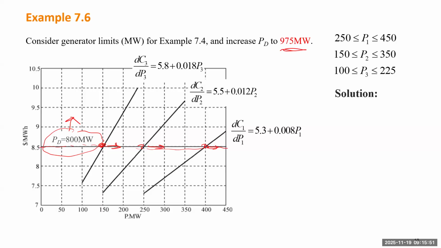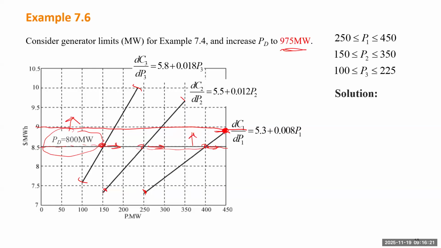If there's no limit, you can feel free to go up and down until they always give you the total load. But when each generator has an upper limit and lower limit, when you move up, there's one possibility it will reach one of the limits for some generator. If that happens, stop that machine there. Like if you move up to this level, the 3rd unit will reach the upper limit.